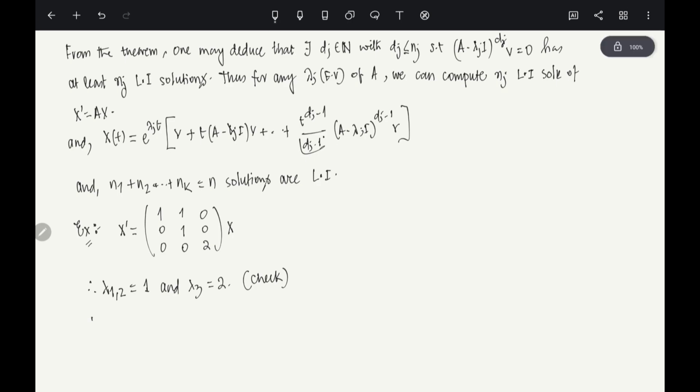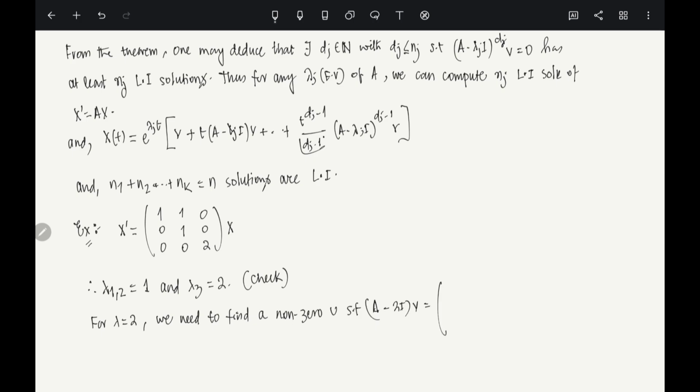So for lambda equals 2, what do I need to do? We need to find a non-zero v such that (A minus 2I) times v equals 0.